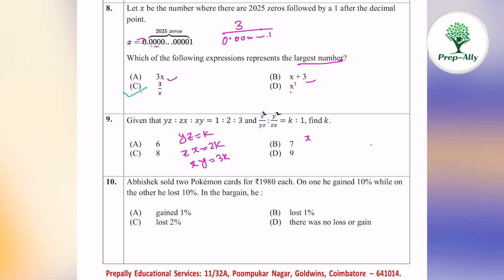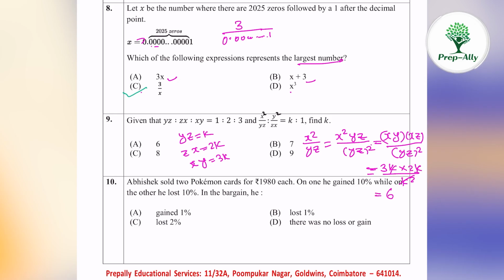Now the value of x square by yz, we can write as x square yz divided by yz whole square, and again rewrite this expression as xy into xz divided by yz whole square. Now if I substitute xy which is 3k, xz which is 2k, yz is k square, we get this value equal to 6.